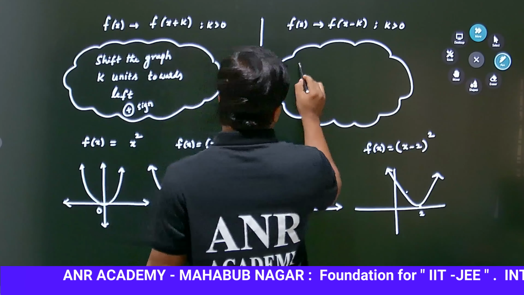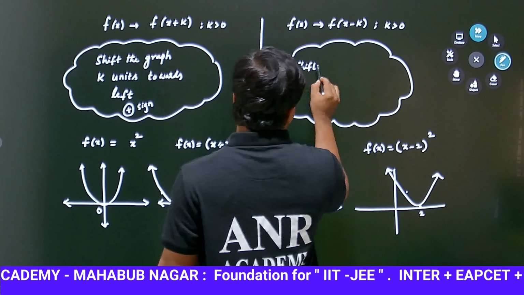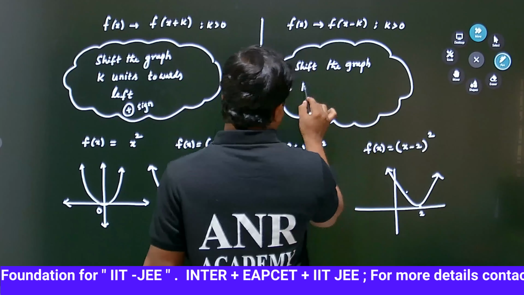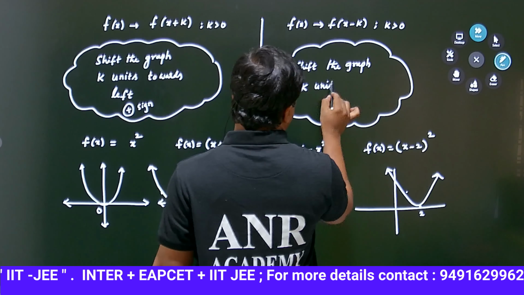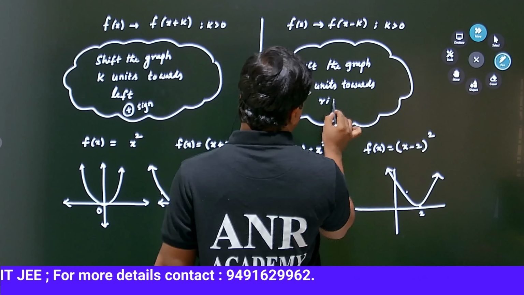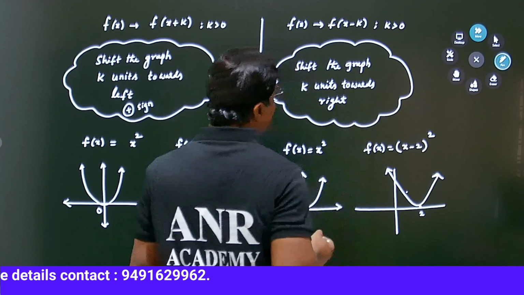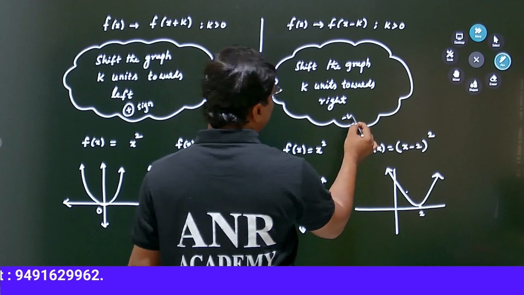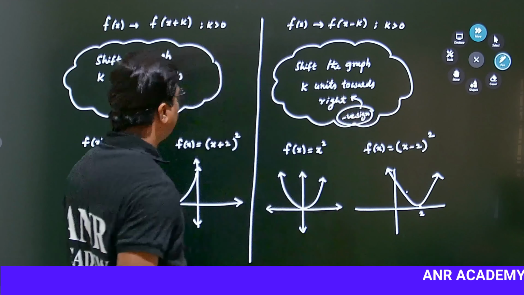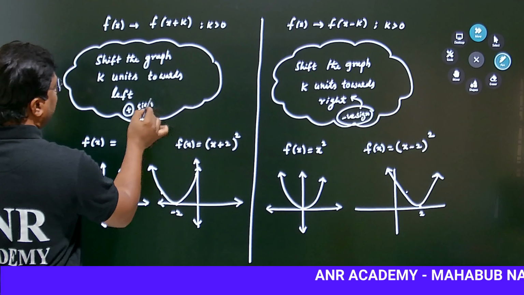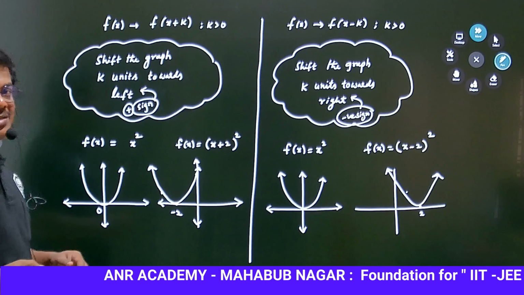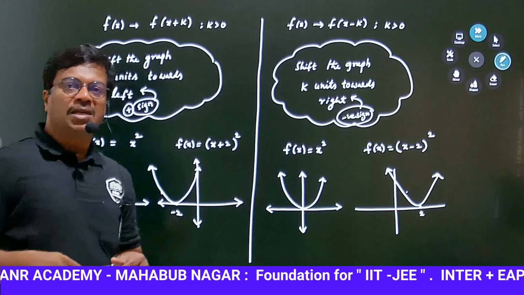Next, in the second case, shift the graph k units towards right side. Okay, when you have negative sign, you have to shift right side. For positive sign, you have to shift left side. Yes, let us discuss the same transformations with different examples.